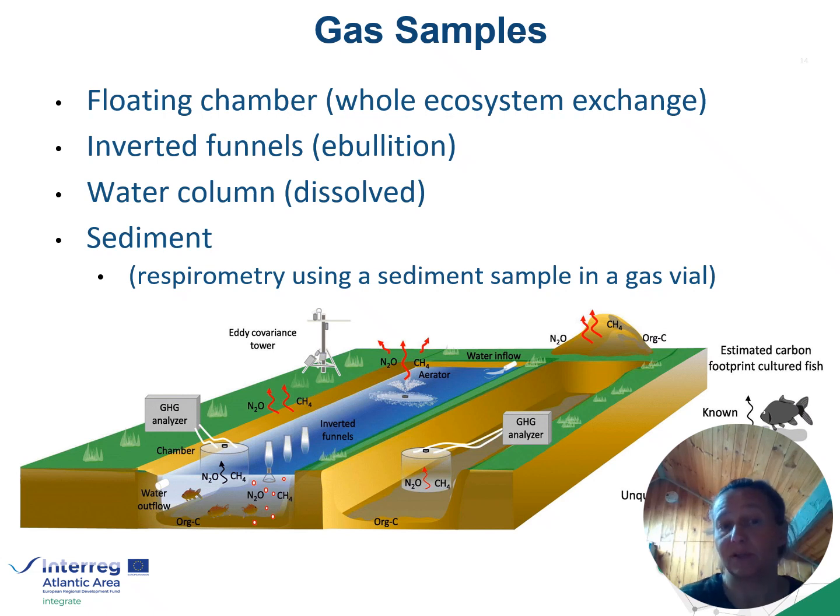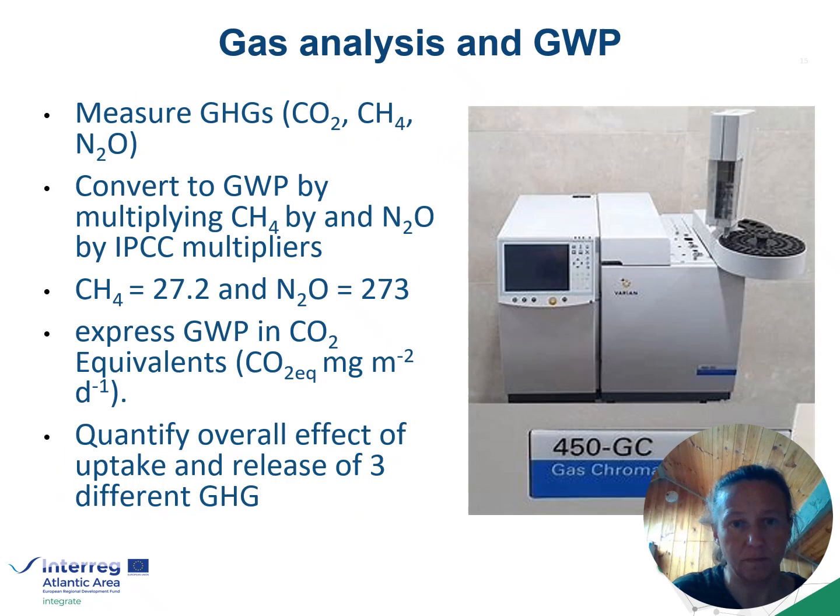We could take a sample of the water column and look at dissolved gases, or we could take a sediment sample and use respirometry, where we collect the gases coming off a sediment sample in a gas-tight vial.